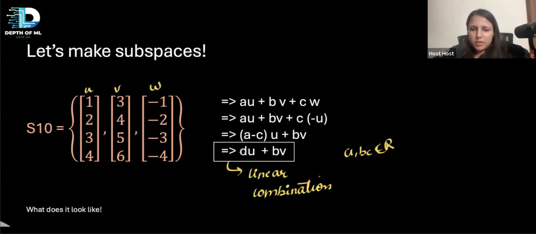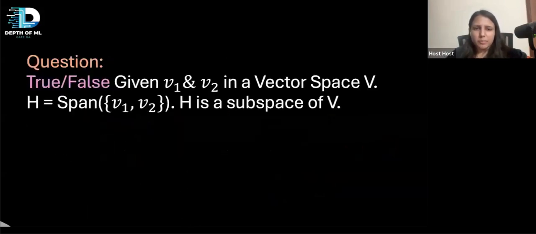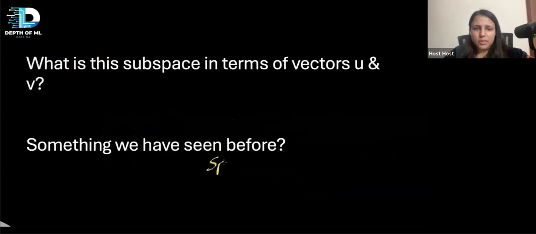So if I take the linear combination of these two vectors and I take the set of all those linear combinations, this is also a subspace. Like I create a subspace here, but this is also called something as span, right? We saw it yesterday, right? So this is called span. We saw it yesterday, correct?